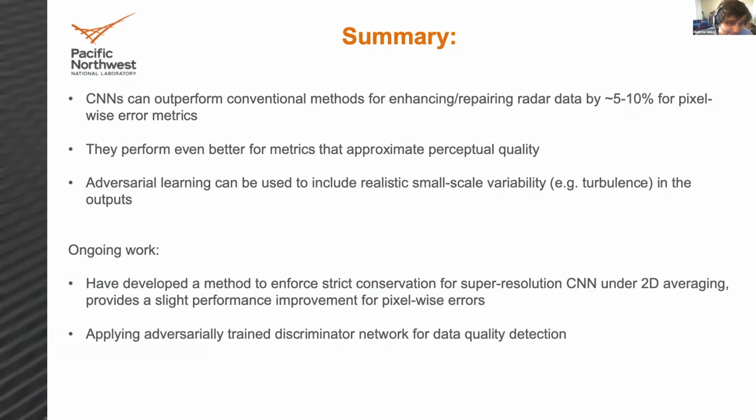And then our ongoing work is, like I mentioned earlier, we've developed a method to enforce conservation laws under 2D averaging for this super resolution task. And then we're also interested in trying to apply these adversarially trained networks to just doing detection of poor data quality periods.